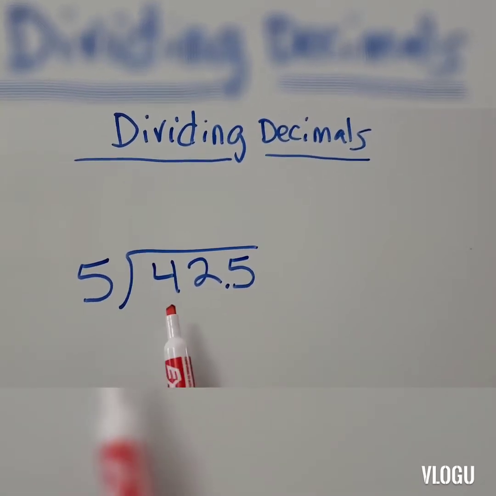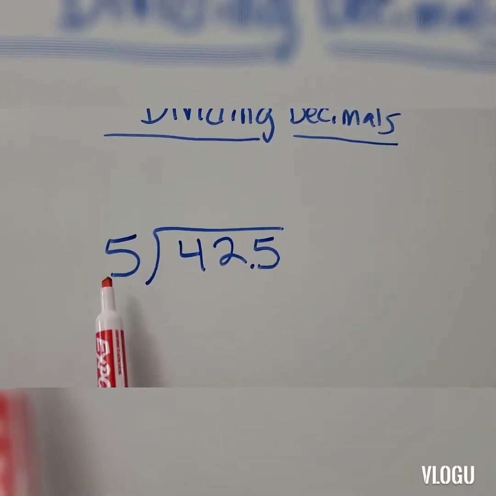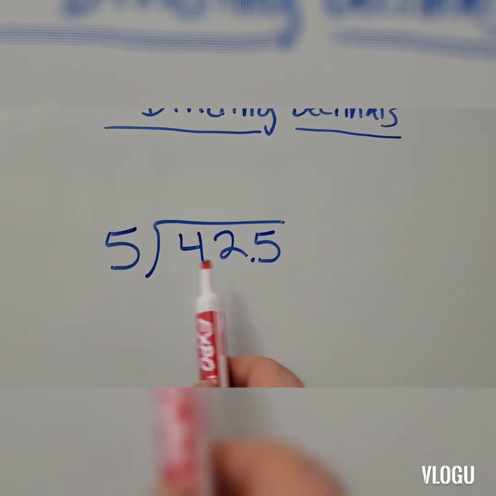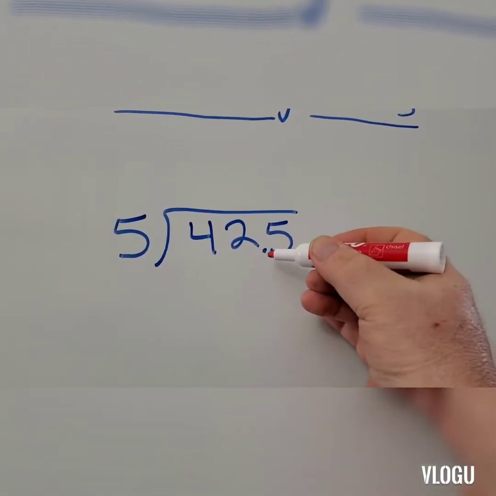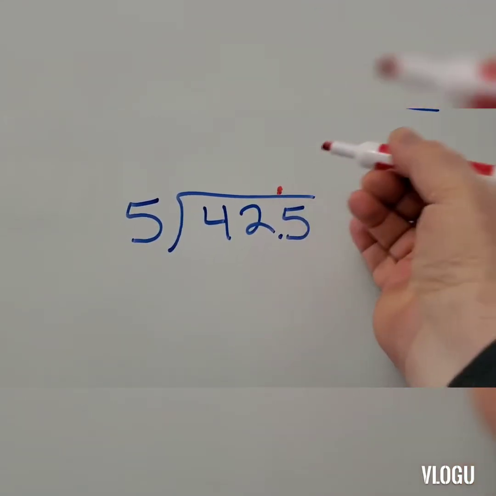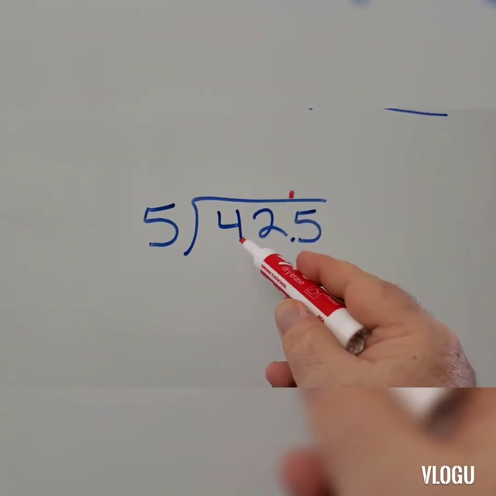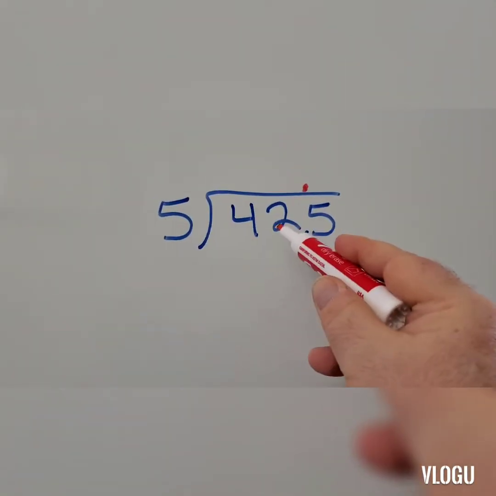If our decimal is in the dividend only, not the divisor, it makes it really easy because all we're going to do is move the decimal straight up and do division like normal. Does 5 go into 4? No. Does 5 go into 42?